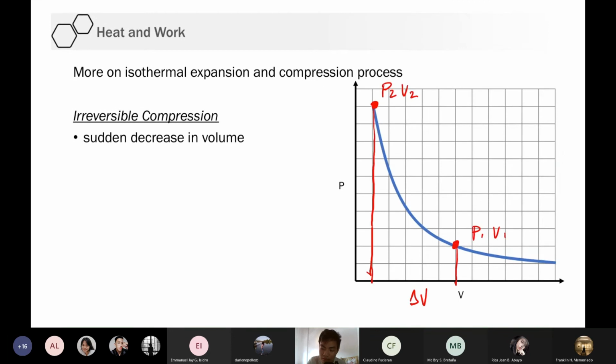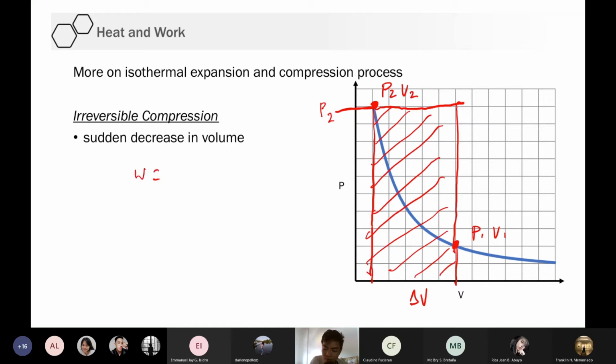Katulad ng ginawa natin, so, since sa P2 tayo nag-end, so, ito yung magiging final height natin. Then, multiply mo yun sa delta V. Okay. So, all of this area below here ay yung work natin. So, that's negative P external delta V. Take note that the work is positive kasi nga yung surroundings gumawa ng compression.